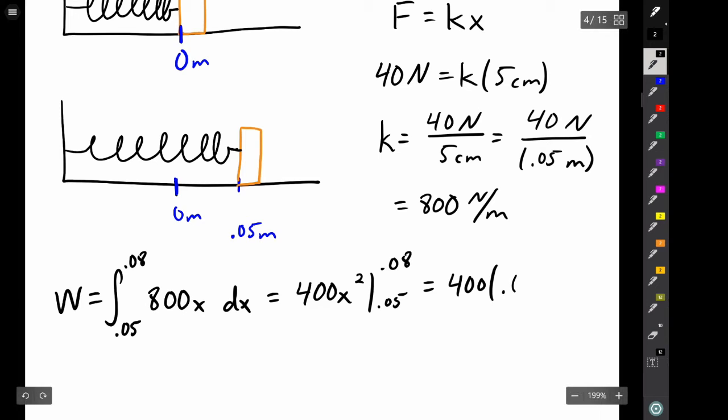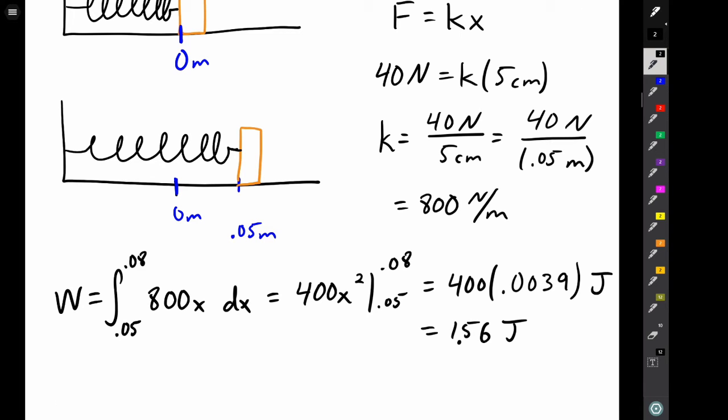That's 0.0039. Right, and multiply that by 400, and we have 1.56. And again, this is in joules. Right, so that's how much work is required, 1.56 joules.